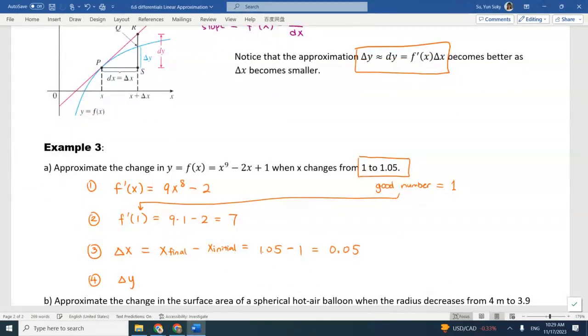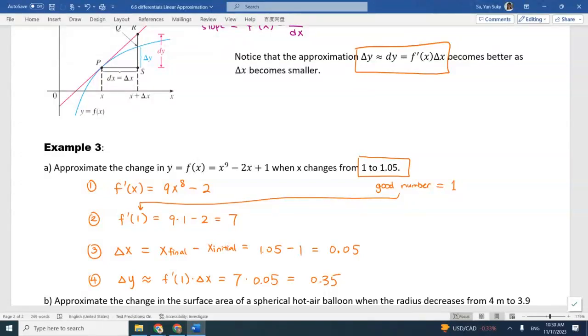Good. Now use the formula. Change of y is approximately f prime of 1 times change of x. f prime of 1 is 7. Change of x is 0.05. What's the answer, Dylan? 0.35. Yes.